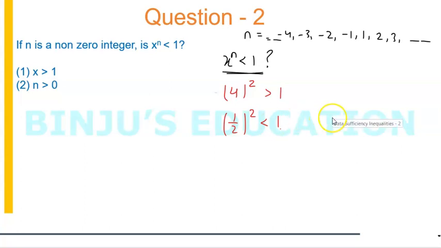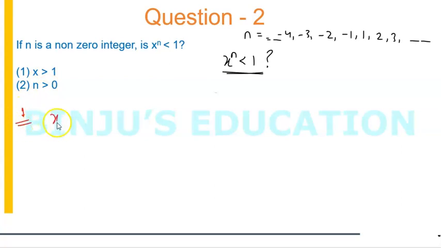Okay, so let's start. Statement number 1 says x is greater than 1. Okay, fine, x is greater than 1. So we will basically have something greater than 1 to the power n.